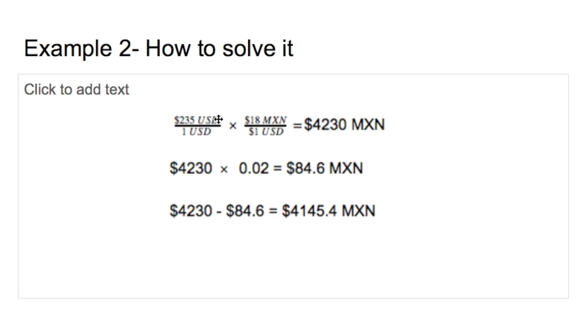Once you do this, it will eliminate the US dollars from here and from here, which would mean you would only have Mexican pesos. Since it's 1 times 1, it really doesn't matter. You just have to multiply 235 times 18, which equals 4,230 Mexican pesos.